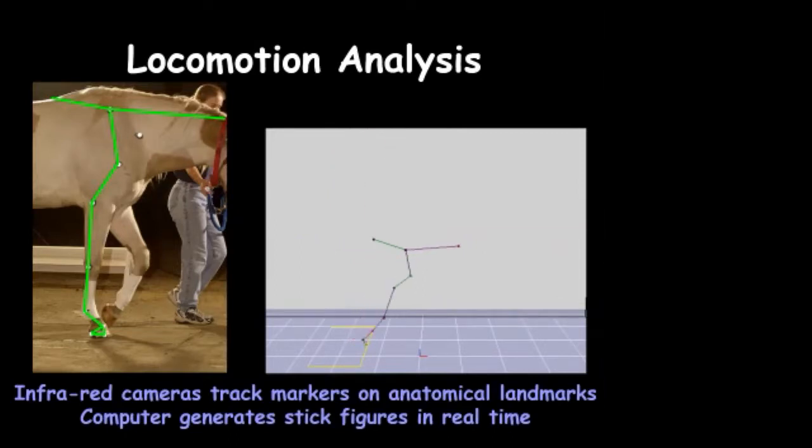And one of the things to notice here is that in the beginning, that vector is pointing a little bit to the left of the screen, which is towards the horse's tail. And as the horse's weight rolls over that grounded hoof, the force vector changes its angulation and it ends up pointing towards the right, towards the head of the horse. And that's the normal pattern for the ground reaction force vector in any of the limbs.